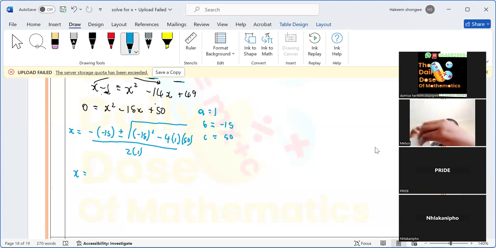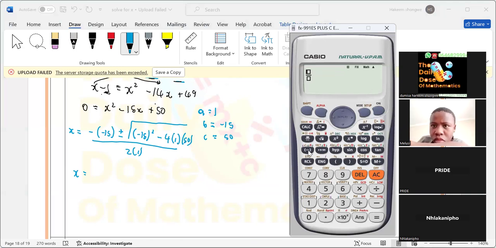Okay, let me assist you also on this side. So we have minus, open bracket, minus 15, close bracket, plus root of minus 15 squared minus 4 multiplied by 1 multiplied by 50, close bracket.